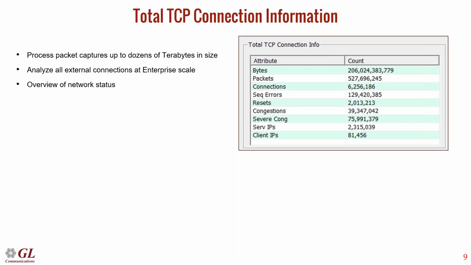Like I said, our HD application is capable of capturing dozens of terabytes in size. Even if it is in terabytes, we are still able to process that much data. This is useful while analyzing an external interface at the interface scale, and also if you have to see the status of the entire network.